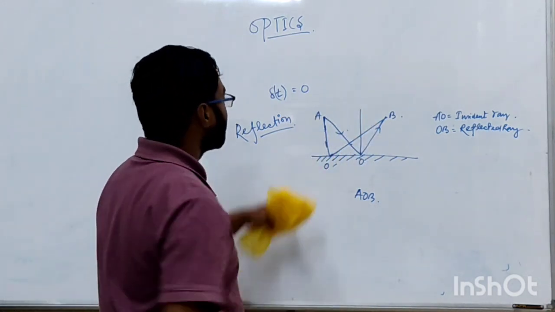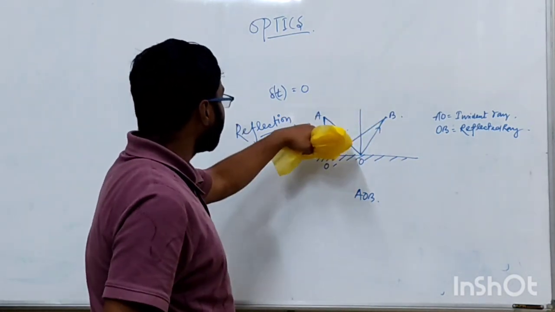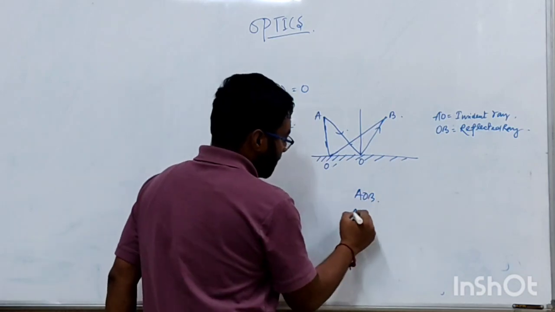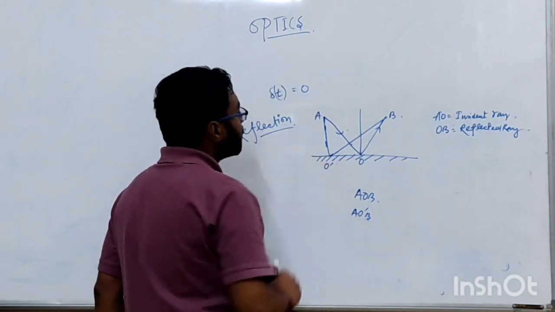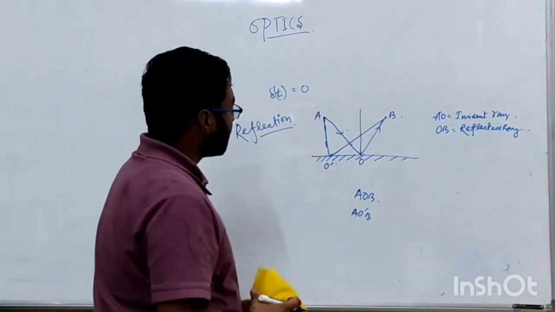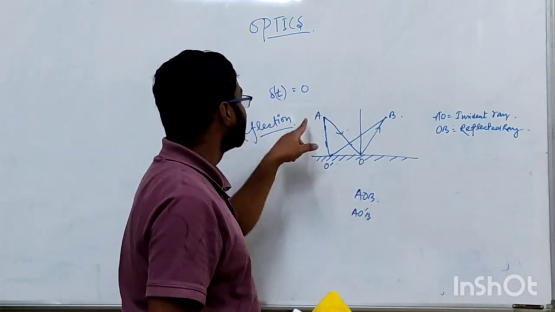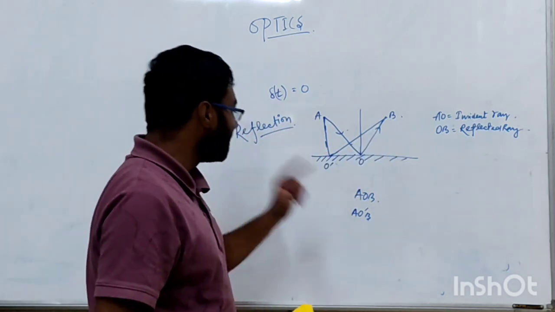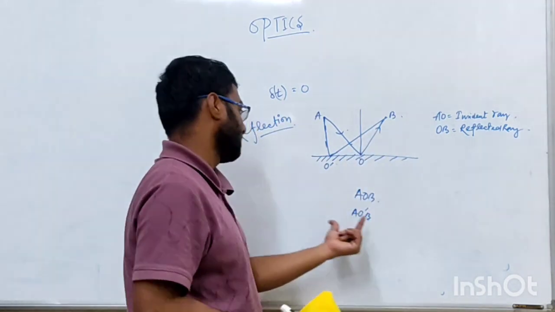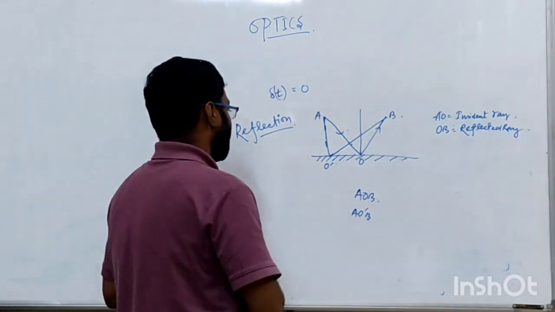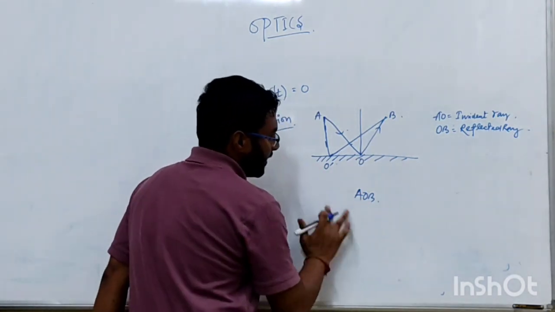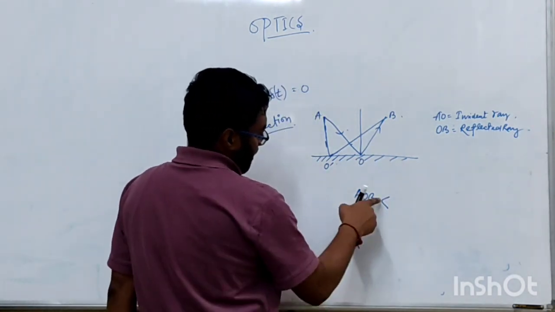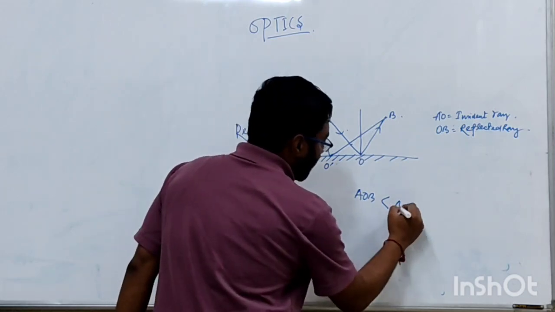So we fix points A and B, and we take another path A O dash B, and we have to prove that the real path followed by the light, AOB, is the minimum possible distance traveled by the light. So we have to prove basically that AOB should be less than A O dash B.